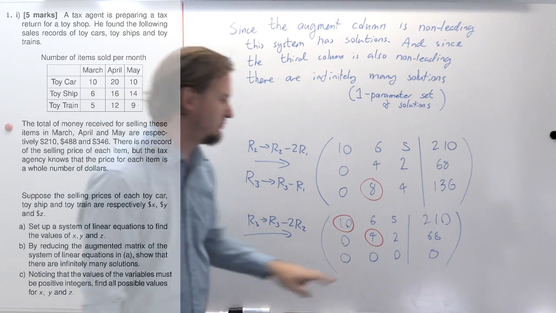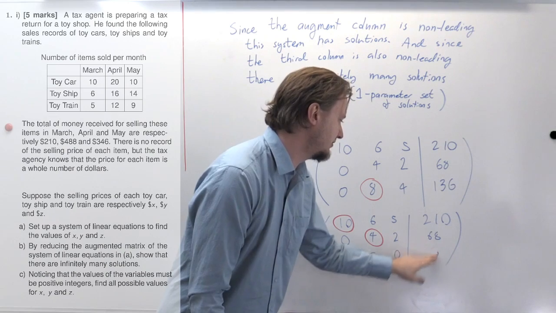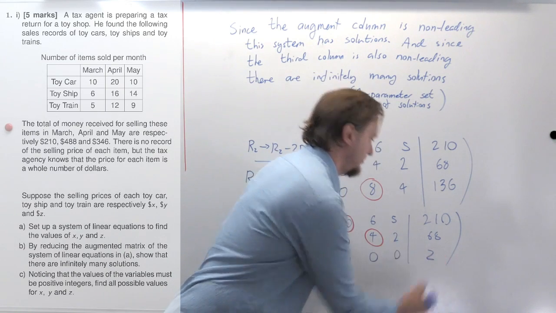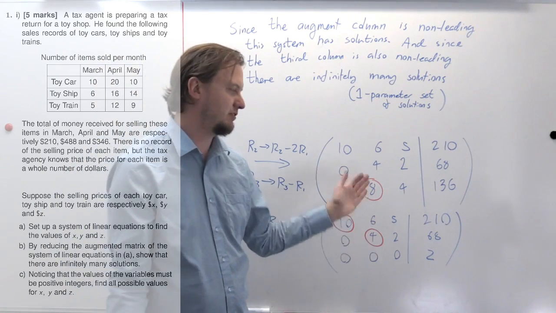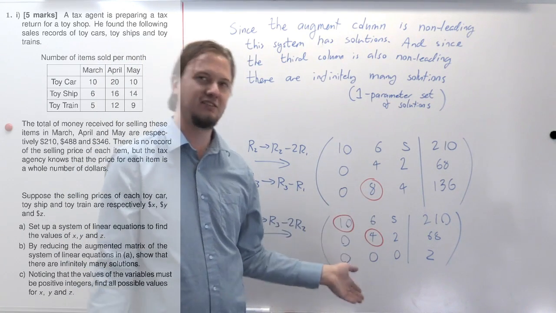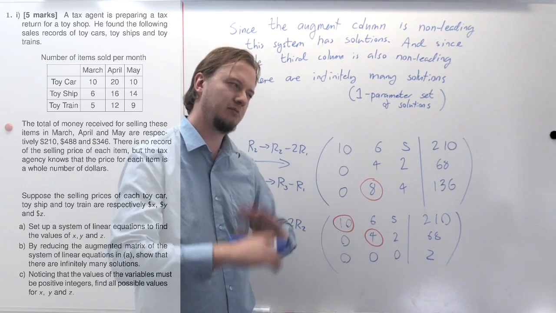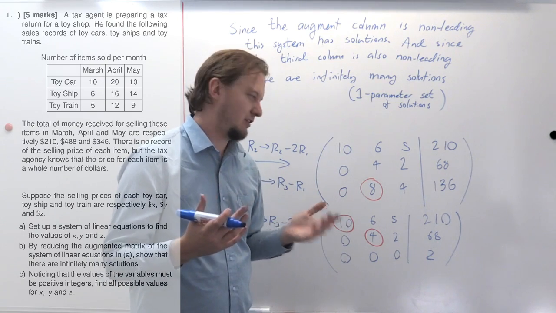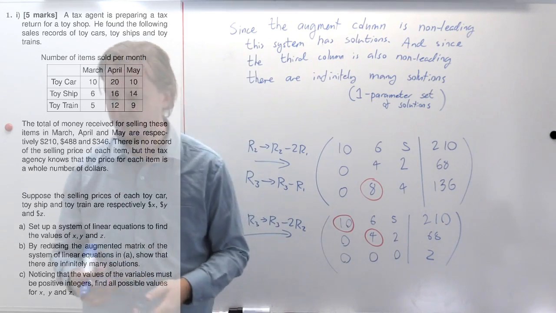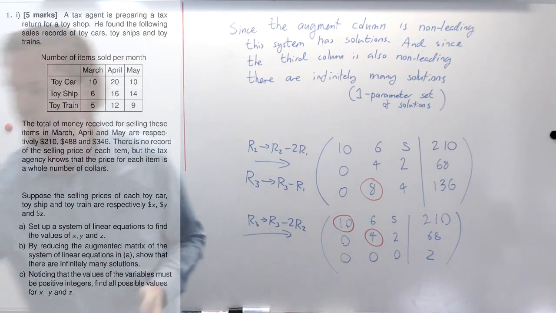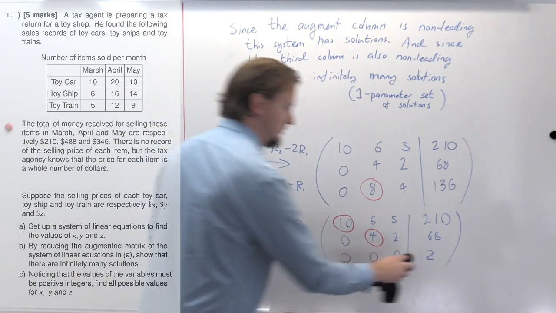I'm not personally happy with that, because if I was to change it to a 2, for example, you could still say the third column is non-leading, but that doesn't mean there are any solutions because this was non-leading. So personally, I wouldn't have been 100% happy with that. Yes, that's fair.